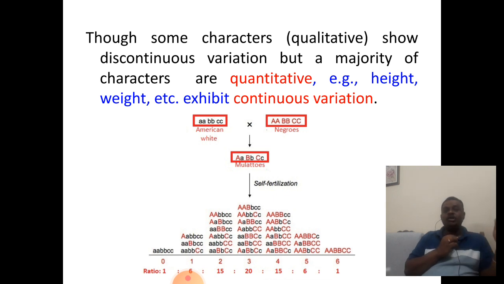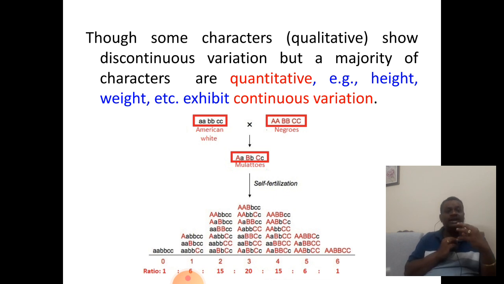So this kind of inheritance pattern, since it is related to the number of genes and the additive effect given by each of the dominant alleles, we call the inheritance pattern quantitative inheritance.